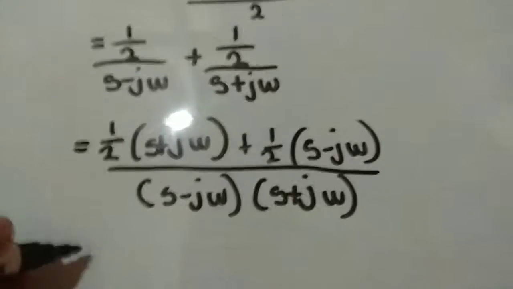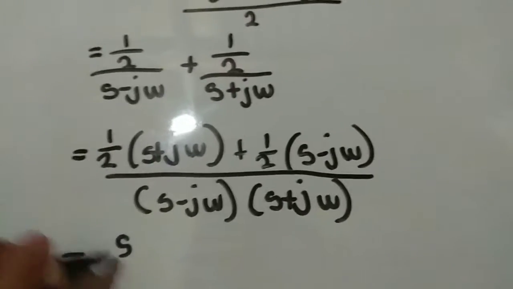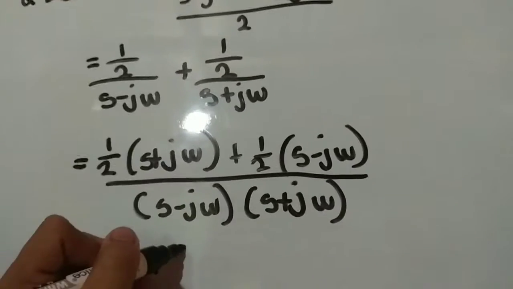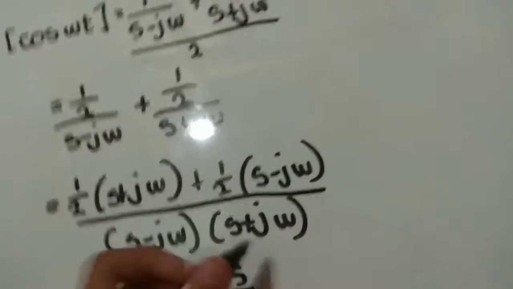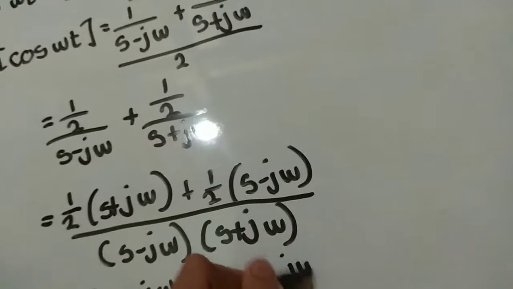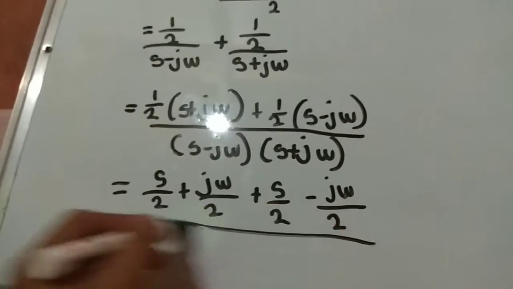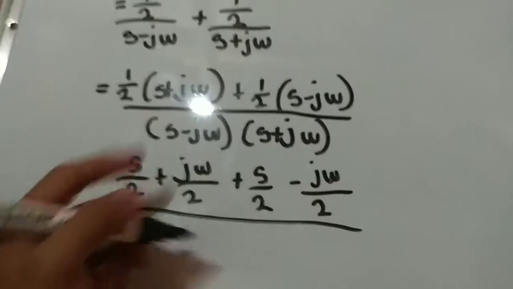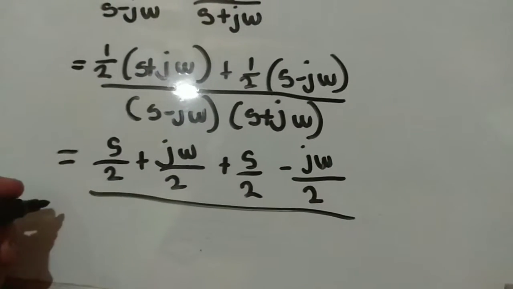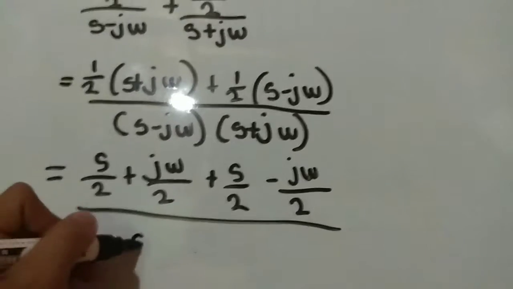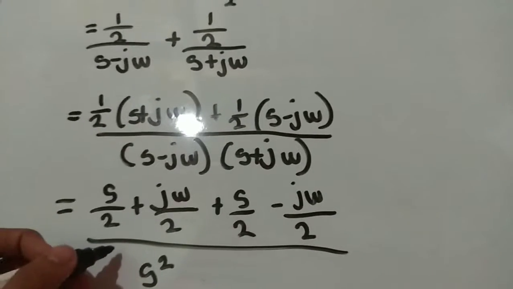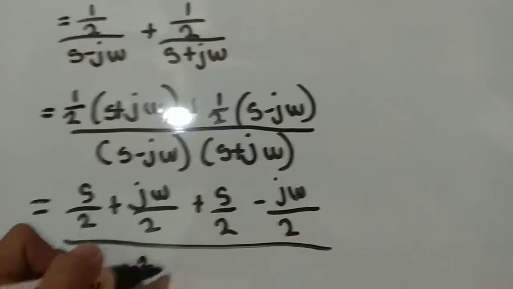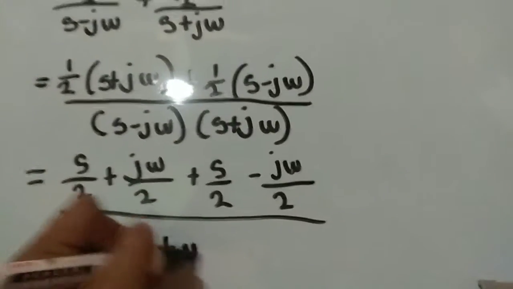Distributing the values, so s over 2 plus j omega over 2 plus s over 2 minus j omega over 2, all over s times s, which is s squared, and negative j squared, which is 1. So omega times omega is omega squared, plus s squared.